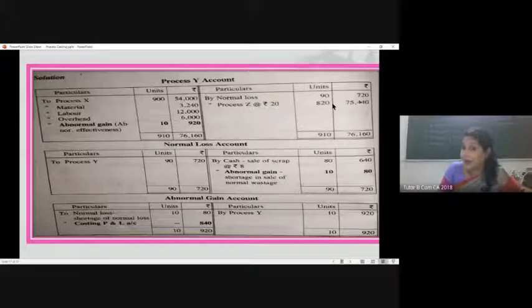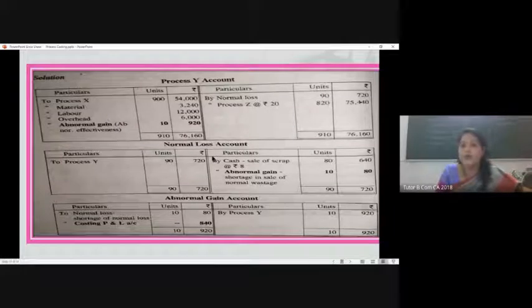But they said they have 820 units to be transferred to process Z. If that is the case, it is well understood that there is a situation of abnormal gain. Just by balancing itself, we will understand that. So that's what we have accounted here. Then we calculated the value for this using the formula we have learned and we finalized this. Okay, that is how we account in the process account.